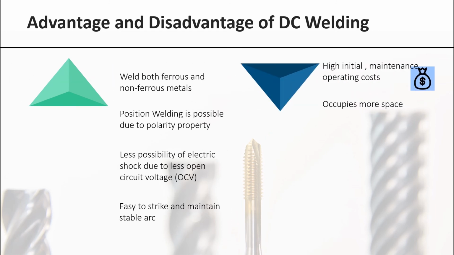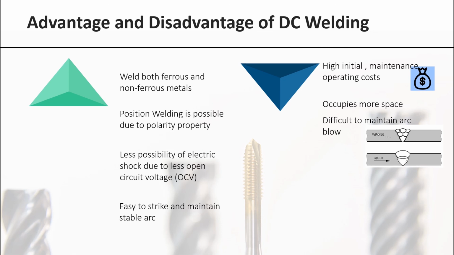Disadvantages. First, the DC welding machine is 2 to 3 times costlier, larger in size, heavier in weight, and more complicated. Maintenance cost is higher because of many moving parts in it. It has higher operating cost. Second, arc blow is severe and difficult to control.